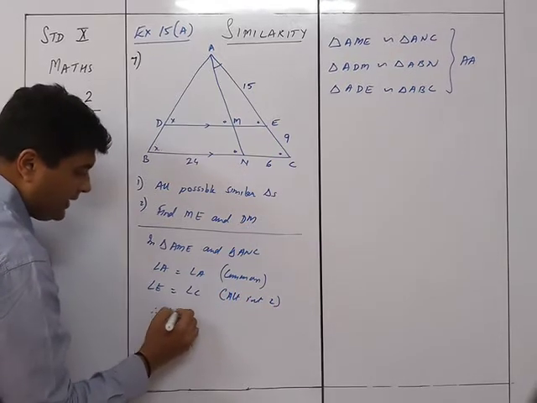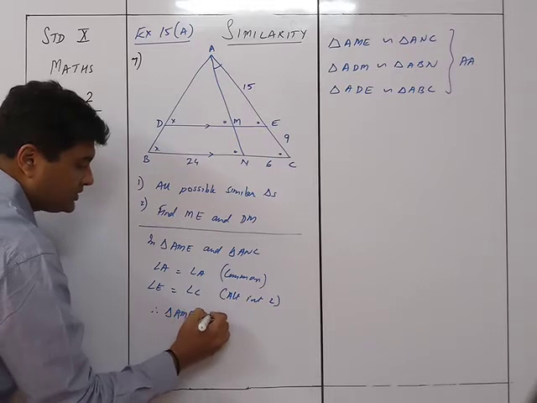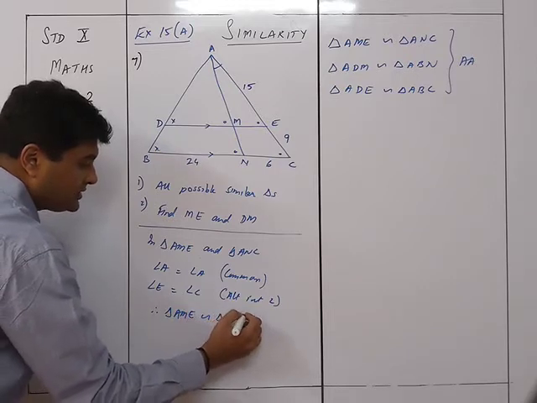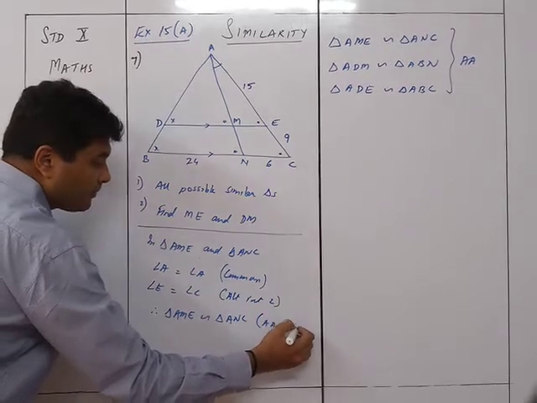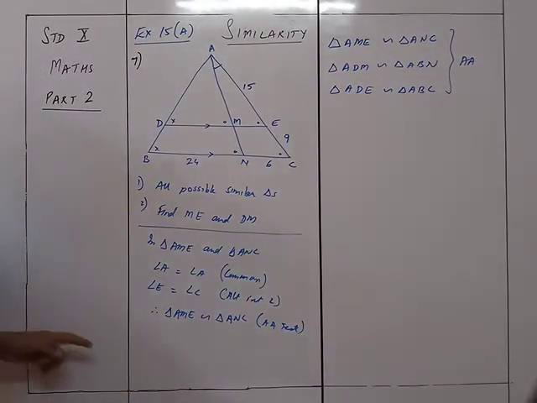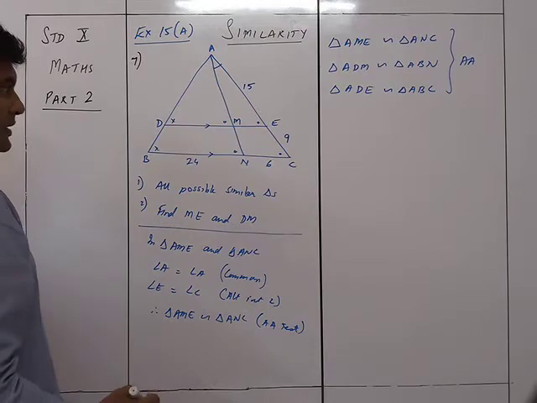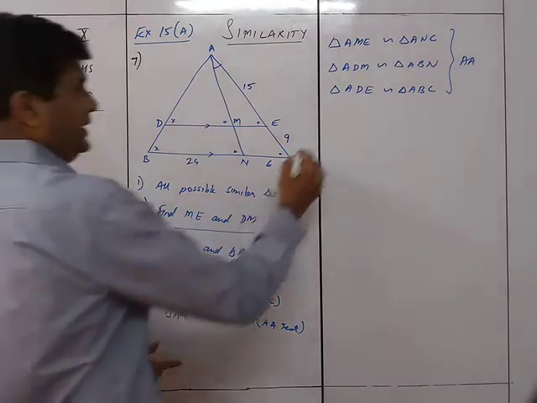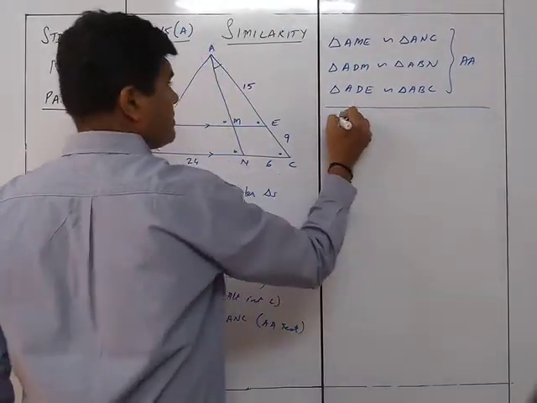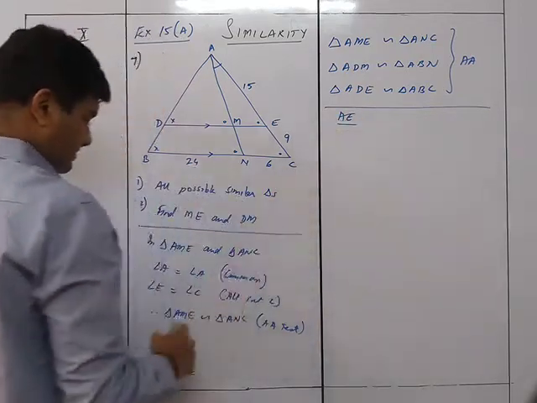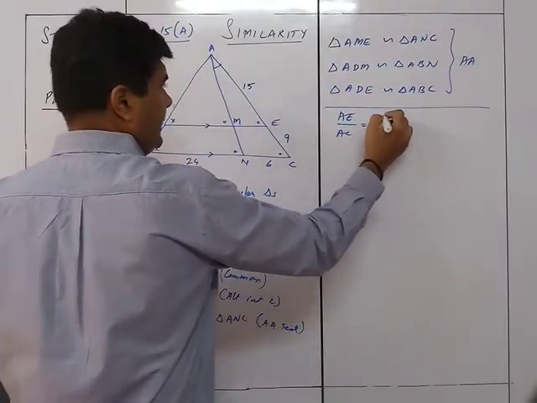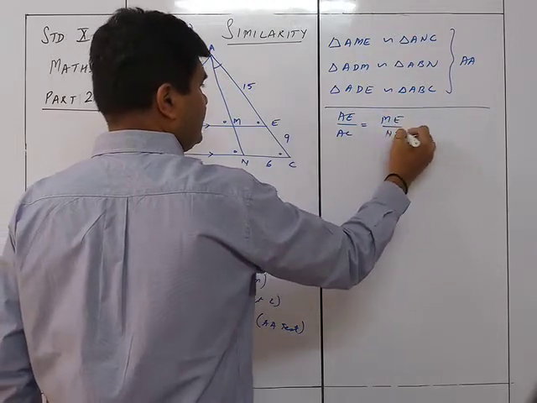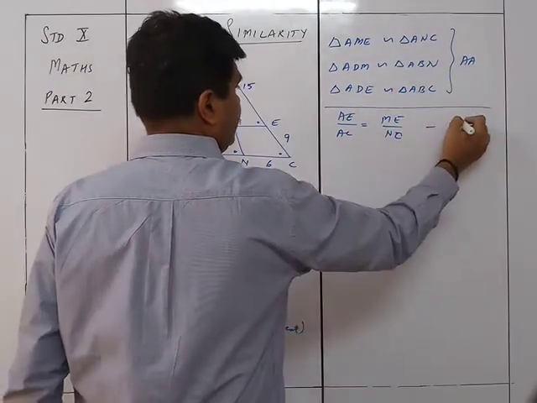Therefore, triangle AME similar to triangle ANC by AA test. So with this we know that AE upon AC is equal to ME upon NC by CSST.